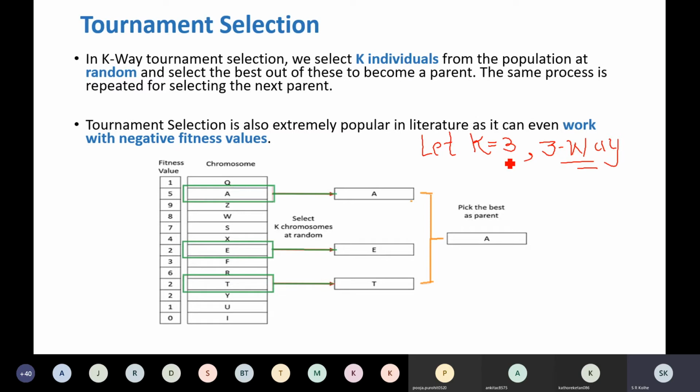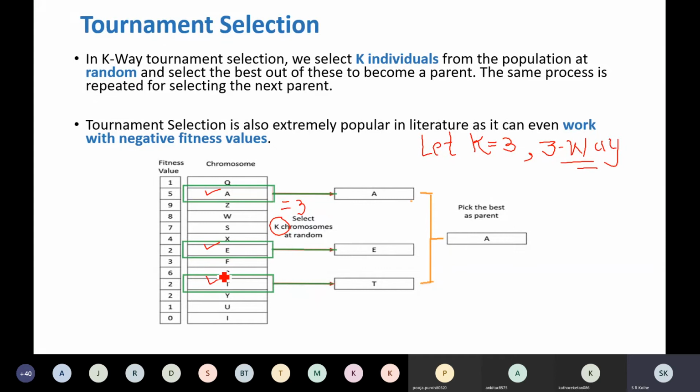How are you going to select these 3 solutions? Randomly. So randomly 3 chromosomes will be selected. These 3 solutions are A, E and T.